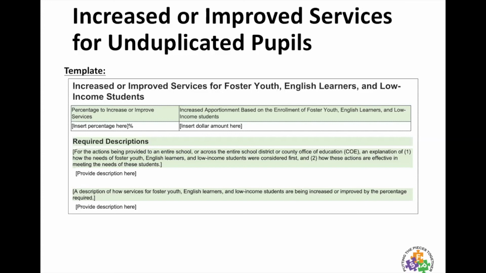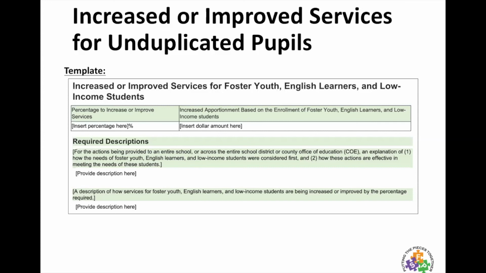This section for increased or improved services in the CDE's template is similar to the section in the LCAP template. Here, the LEA identifies the percentage to increase or improve services, which reflects the amount of the increased apportionment based on the number and concentration of their low-income, EL, and foster youth enrollment, and the corresponding percentage reflecting the proportional increase in funding compared to funding that the LEA receives for all students.